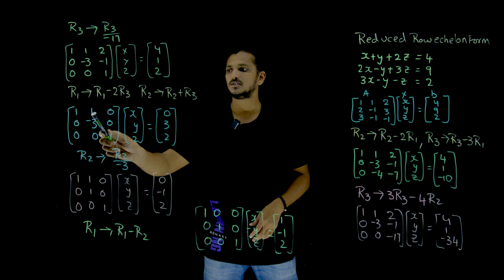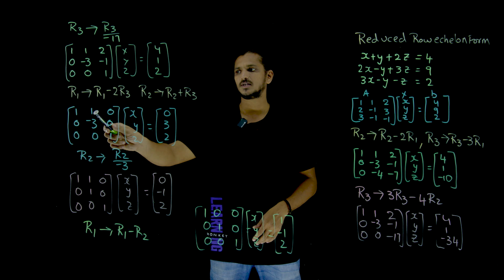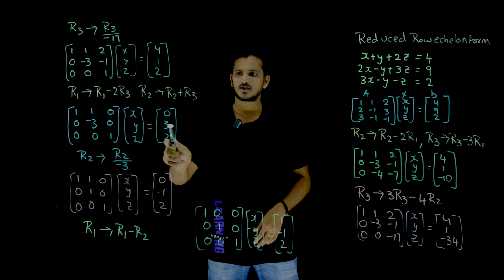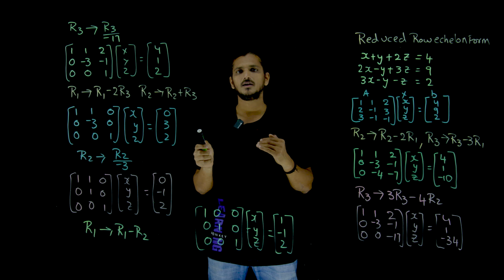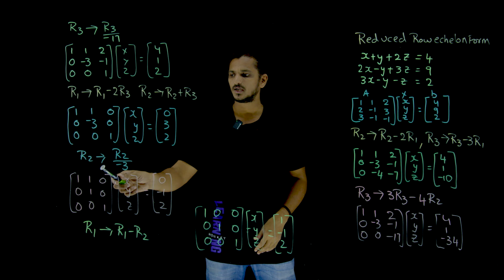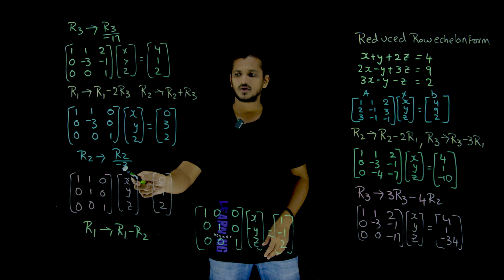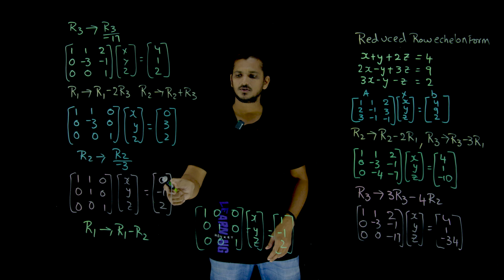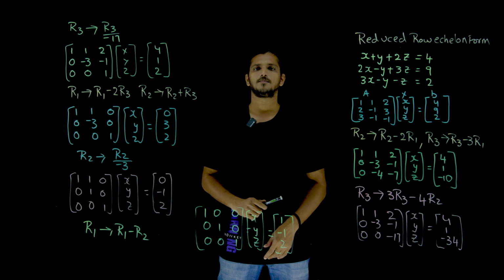Now we have to make this as 0. In order to make this as 0, take the second row. In the second row, minus 3 is there. Divide by minus 3. You are going to get R2 equal to R2 divided by minus 3. You are going to get 1, 1, 0, 0, 1, 0, 0, 0, 1, 0, minus 1 and 2.